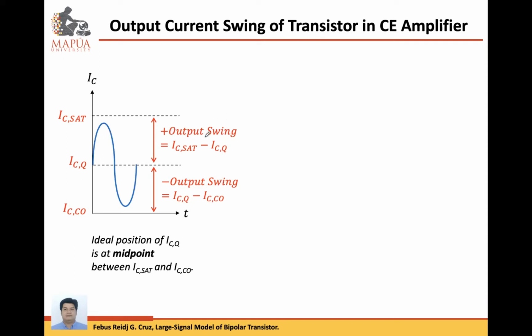The positive output swing will describe the amplitude of the positive half cycle, and the negative output swing will give us the amplitude of the negative half cycle. So the ideal position of the ICQ is at the midpoint between IC sat and IC cutoff so that we can have the maximum positive output swing as well as the maximum negative output swing.